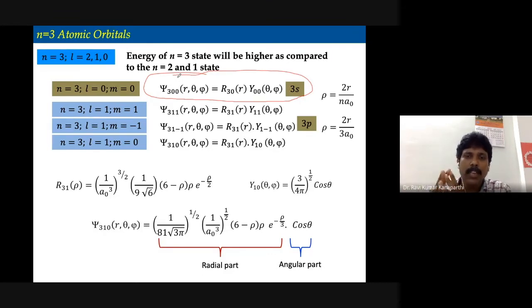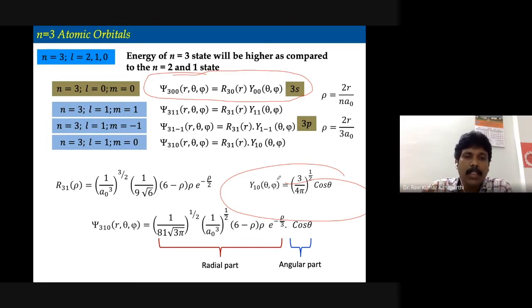So as long as we have the condition that L is equal to 1 and M is equal to 0, the spherical harmonics is just cos theta. The cos theta function, you can also see here on the slide. How to plot it, we already learned. So there is nothing much you can get from this discussion where L is equal to 1. It is just the p orbital.